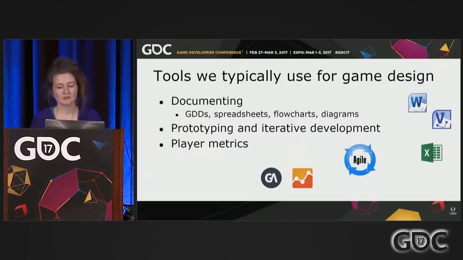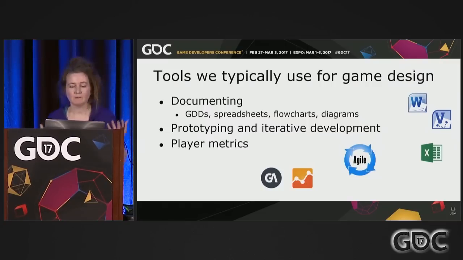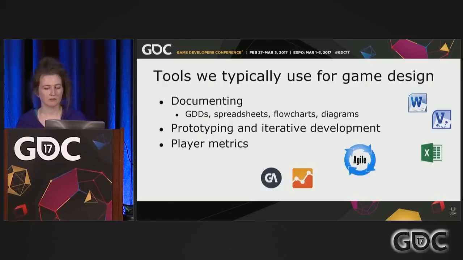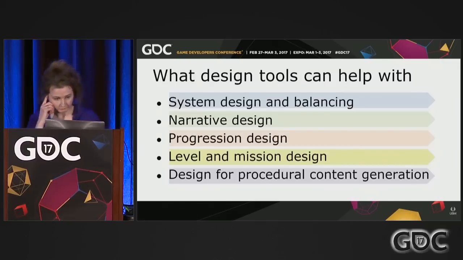I think you could call this a design by making kind of process. And we've been able to sort of amp up the power of this iteration process with play metrics and data-driven design methods. But interesting things can happen if you add design tools into the mix.